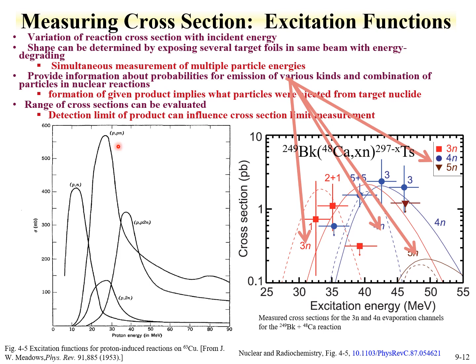Now this is experimental, this is calculated, and the reason we'd be interested in these calculations is that if we wanted to perform this experiment with calcium and berkelium, we'd want to get an idea of what energy we should perform the experiment at. And if we see we have the center of mass energy on the order of 210 will give us the 3N reaction maximum, 215 will give us the 4N reaction maximum, and we'll also get an idea of the cross-section here listed in picobarns, so you can get an idea of the rate of formation.